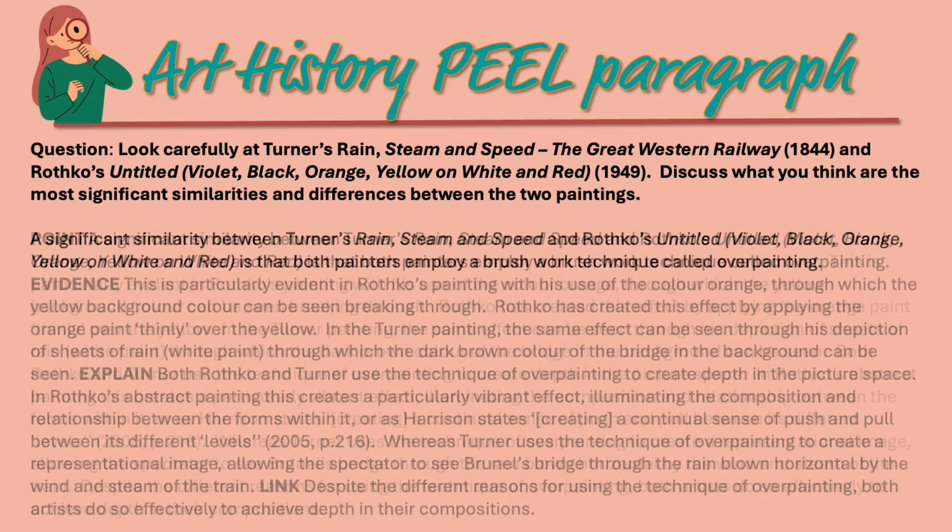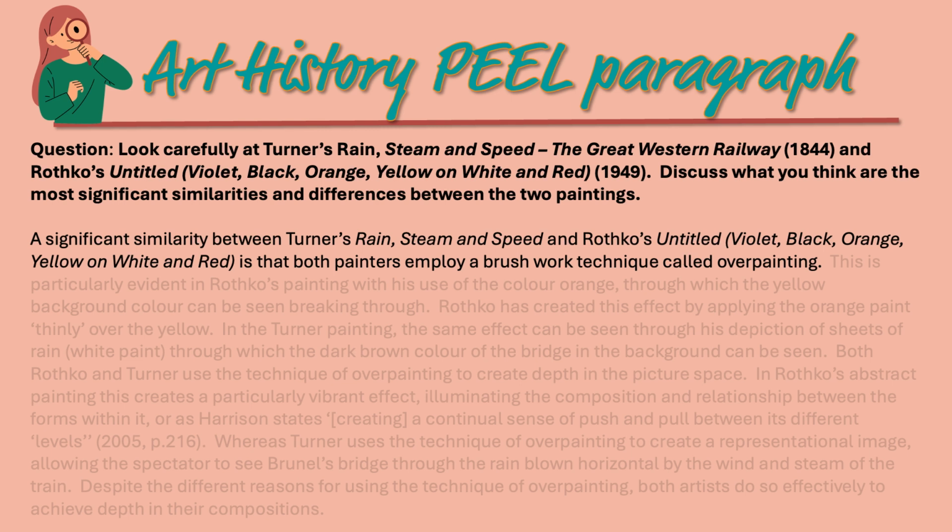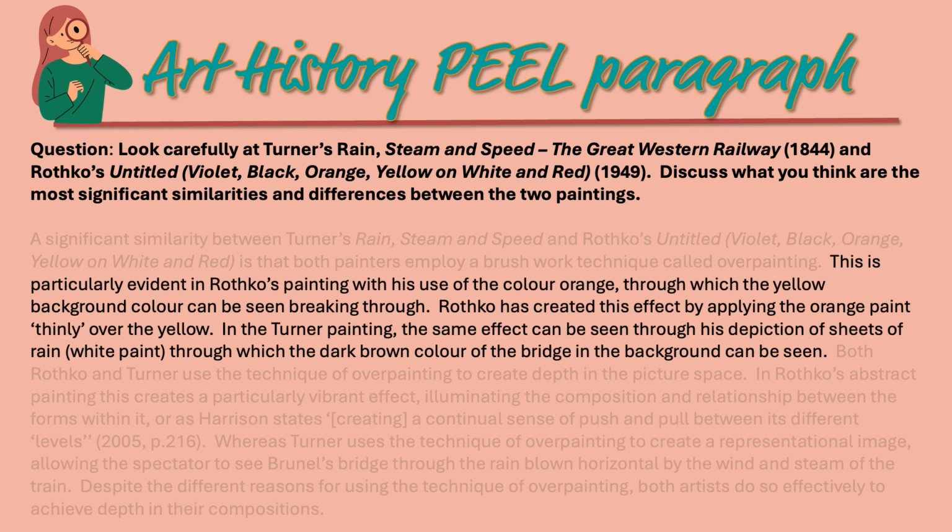We have a main point of argument which makes direct reference to the question, in this instance clarifying a technique which will be used to compare the two artists. Evidence is presented to support this in the form of reference to specific details of the paintings, demonstrating skills of close looking.